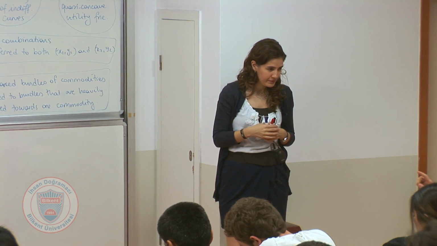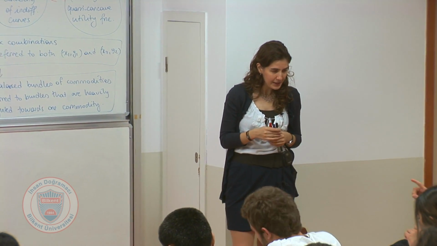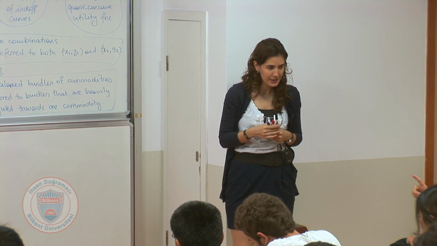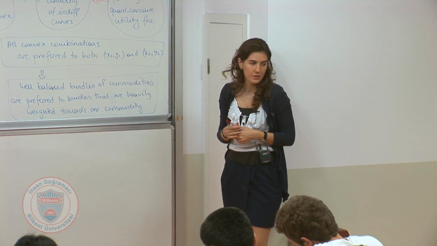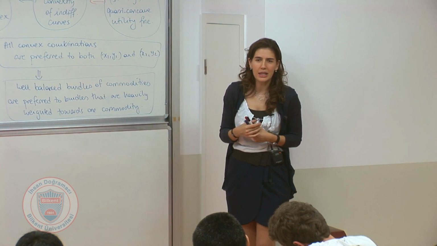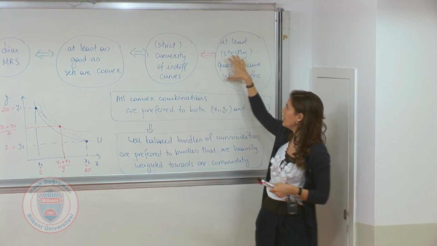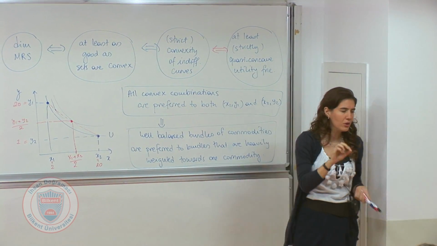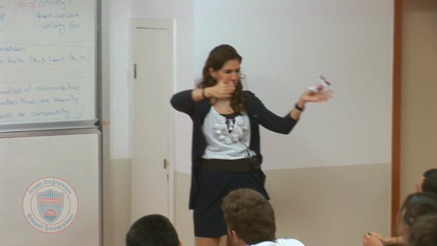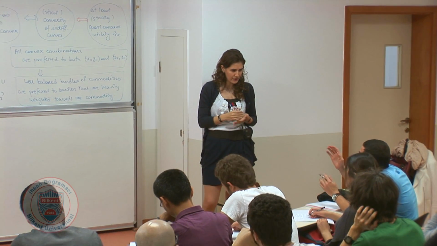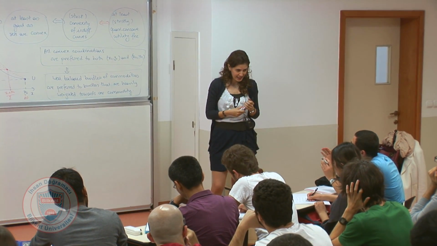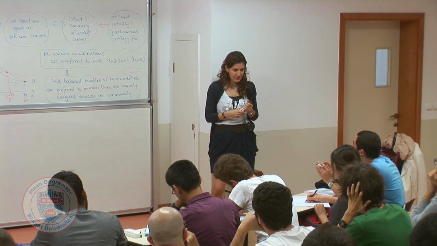But still, I don't understand how we reconnect convex or diminishing marginal rate of substitution with at least strictly quasi-concave. How can we connect quasi-concave utility functions with diminishing marginal rate of substitution?